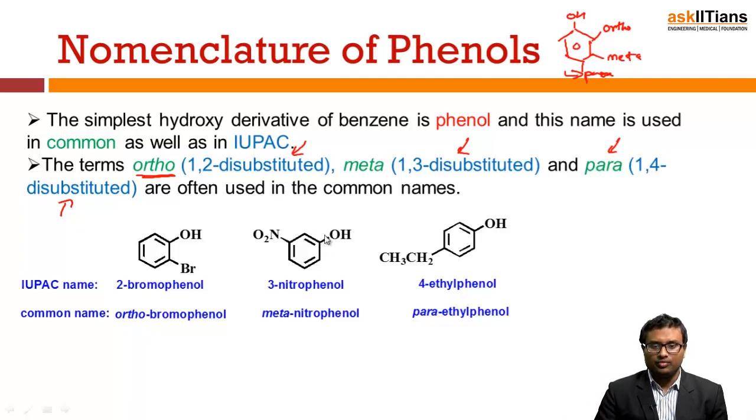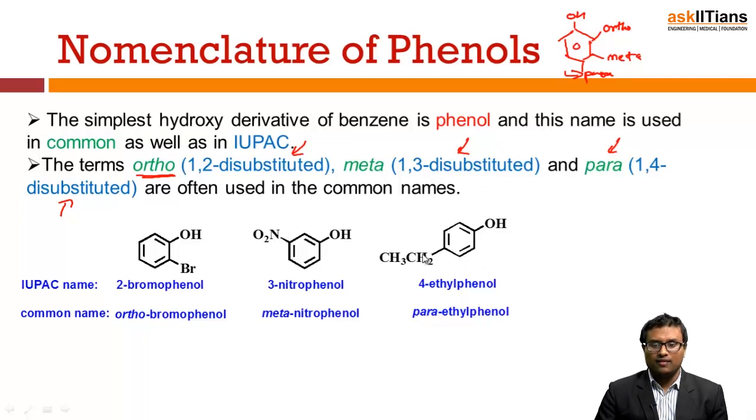Here your NO2 is present at the third position, since the first position is the alcoholic position itself, the second position is this, and the third position is this. So it is 3-nitrophenol, which is the IUPAC name, and the common name is meta-nitrophenol, because it is 1,3 disubstituted, and 1,3 disubstituted is a metaphenol.